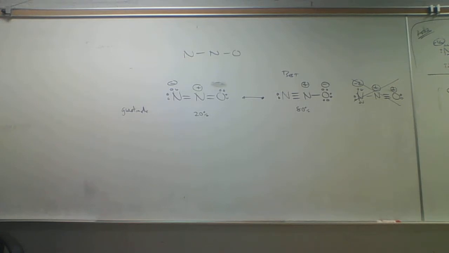When we look at the formal charges here, what are all the formal charges here? All the formal charges here are 0. Now we might think, okay, maybe I can draw a resonance form for this. So let's try that.